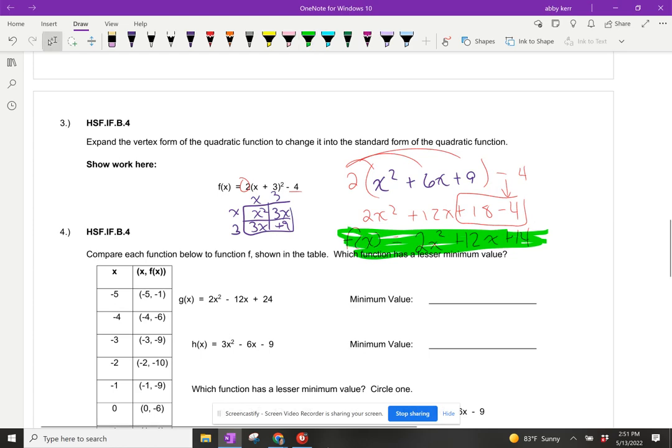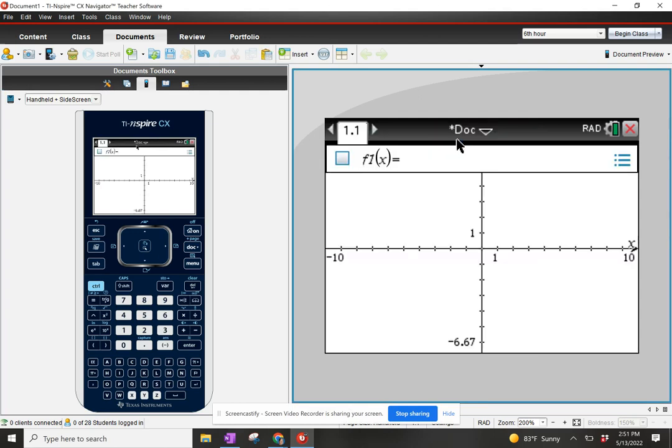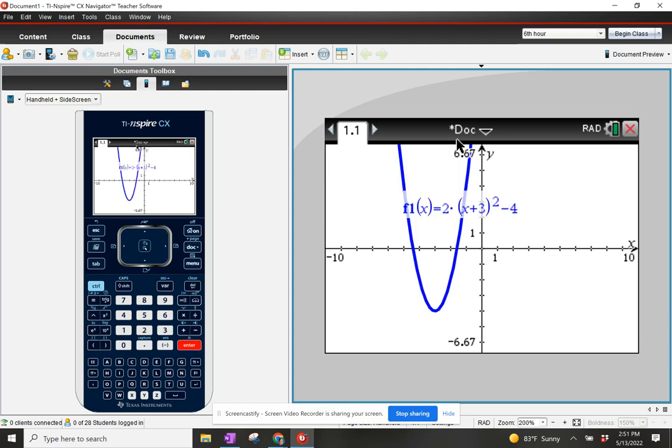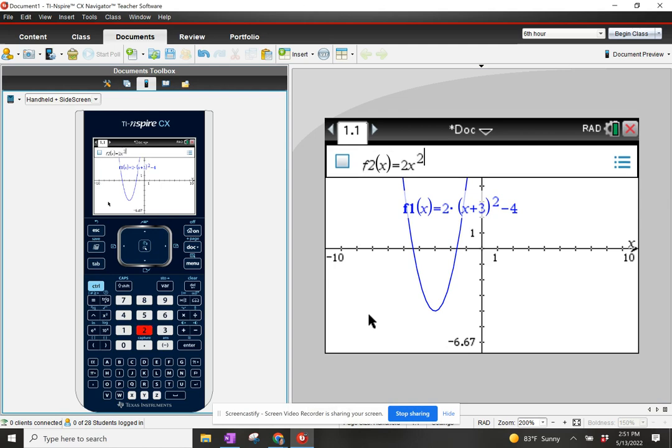So you can always confirm that in the calculator. If you type in the problem that I gave you, which is 2 parentheses x plus 3 squared minus 4, hit tab, and then type in 2x squared plus 12x plus 14.